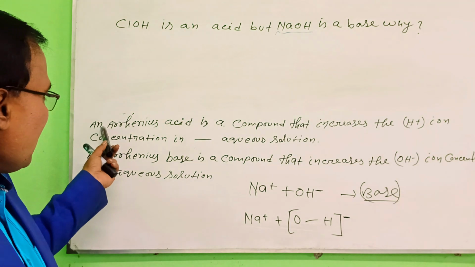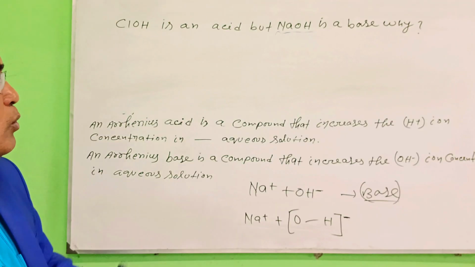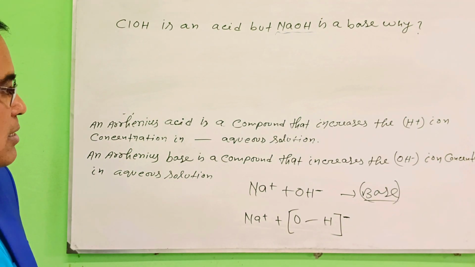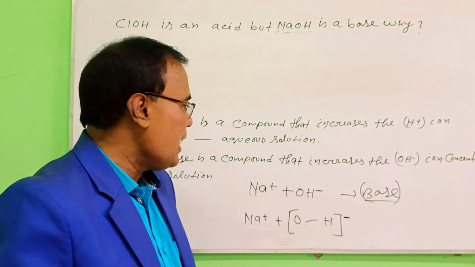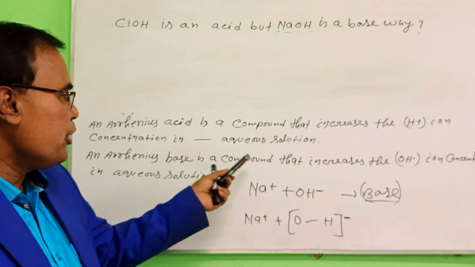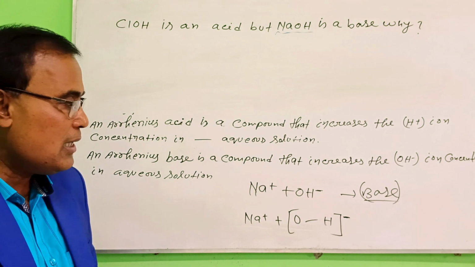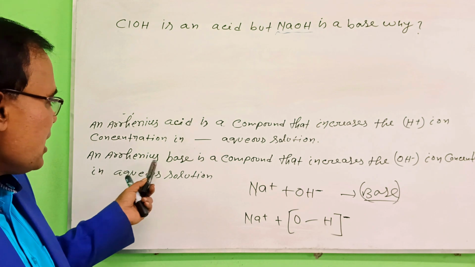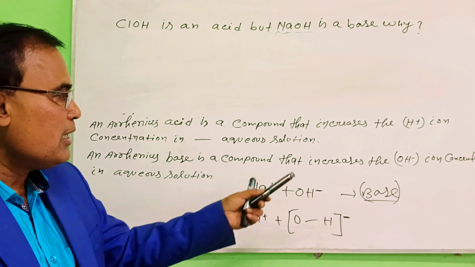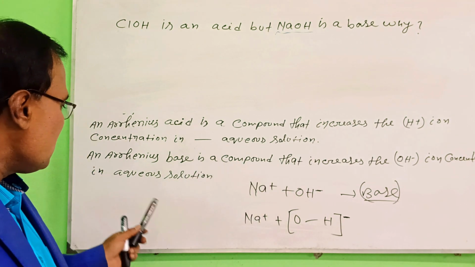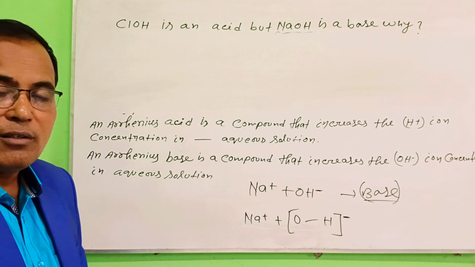An Arrhenius acid is a compound or chemical species that increases the H+ ion concentration in aqueous solution. On the other hand, an Arrhenius base is a compound that increases the OH- ion concentration in aqueous solution.